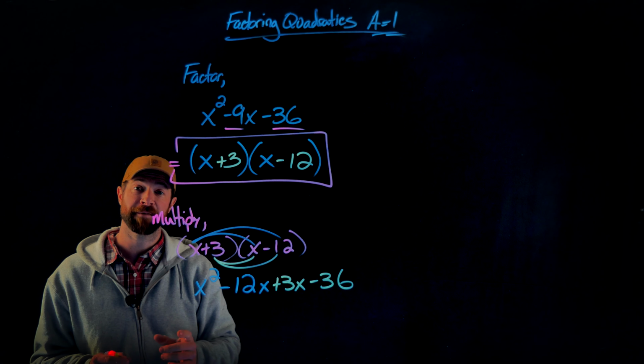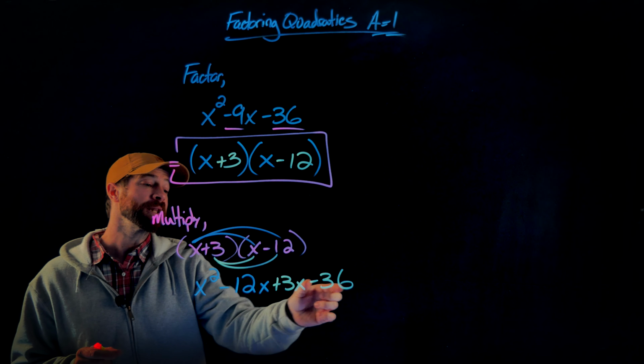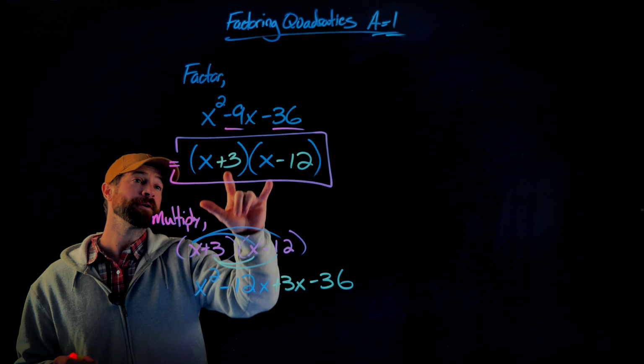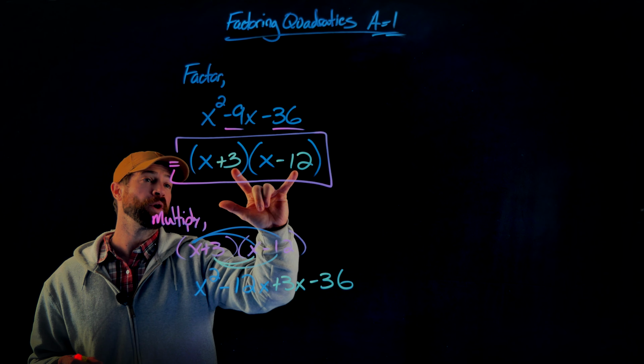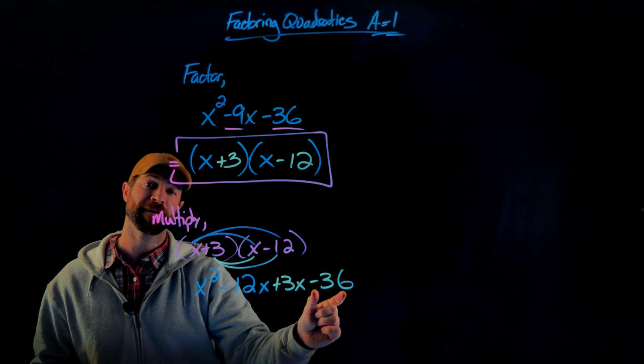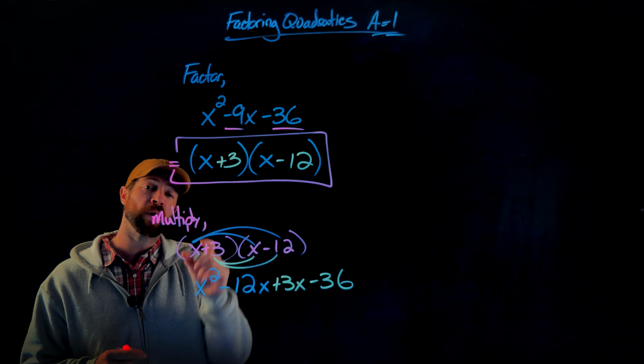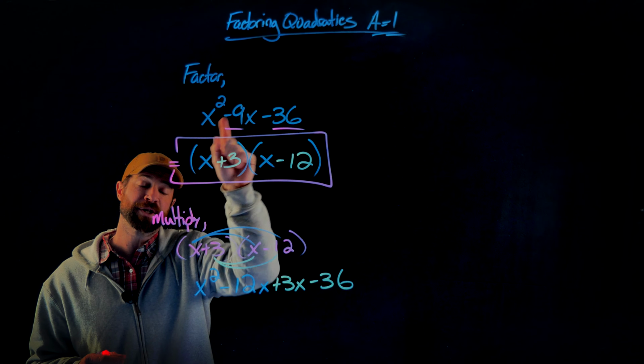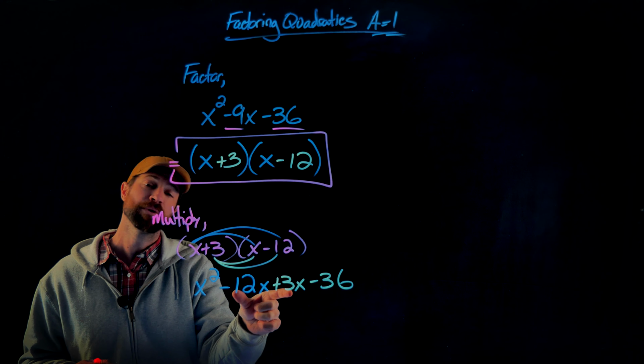This is why this method of factoring actually works. Where did the negative 36 come from? It came from multiplying the 3 times the negative 12. Those two numbers together multiply to be negative 36. They give us that constant coefficient. The reason we also want those to add to be this middle coefficient, or the linear coefficient, is because of this move right here.